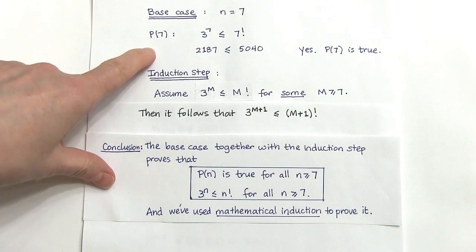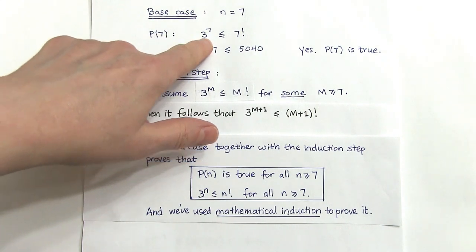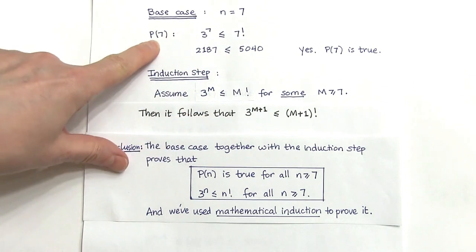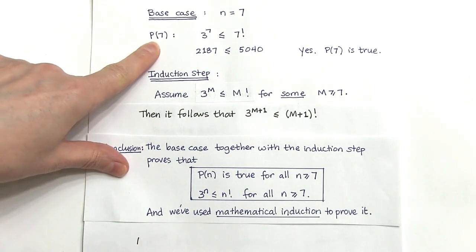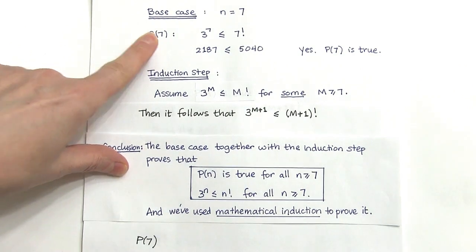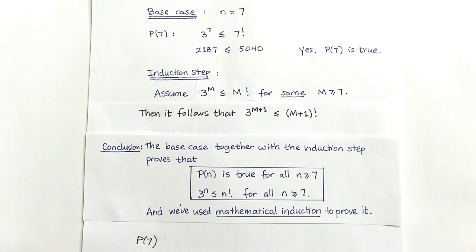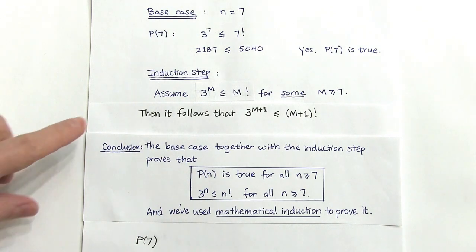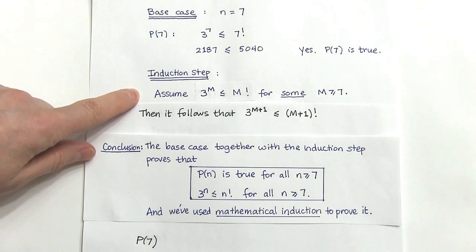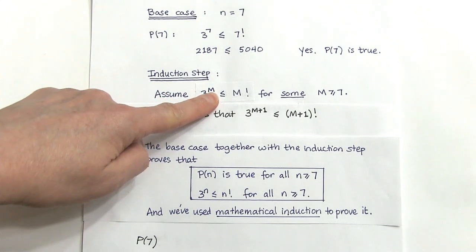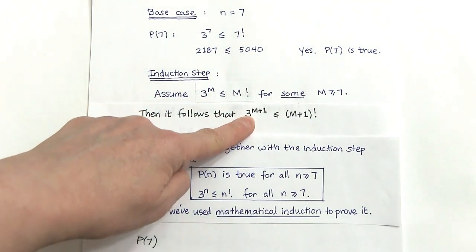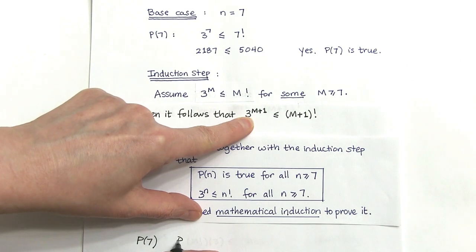The base case says that 3 to the 7 is less than or equal to 7 factorial. So the base case says that the predicate is true when n equals 7. And the induction step says that if it's true for 7, it must be true for 7 plus 1, or 8.